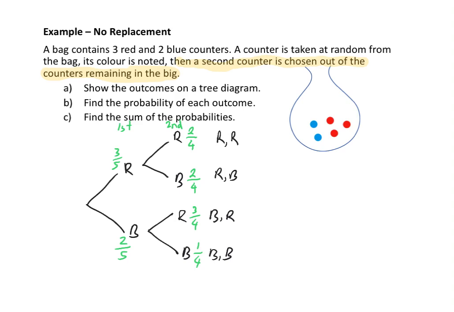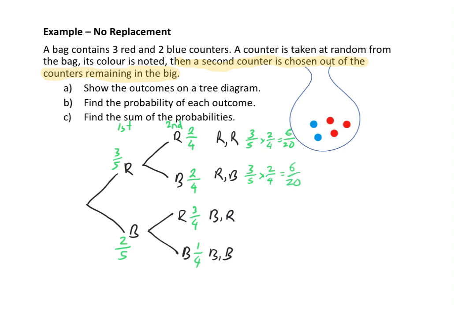So the probability of getting 2 reds is 3 over 5 times 2 over 4, which equals 6 over 20. Probability of getting a red then a blue is going to be 3 over 5 times 2 over 4, so 6 over 20.